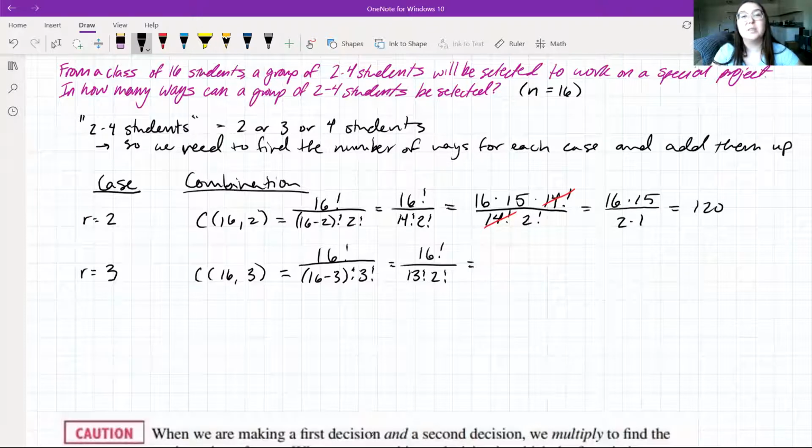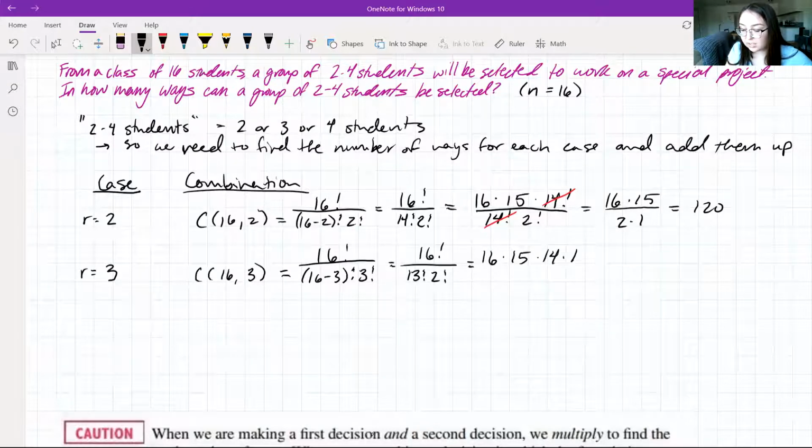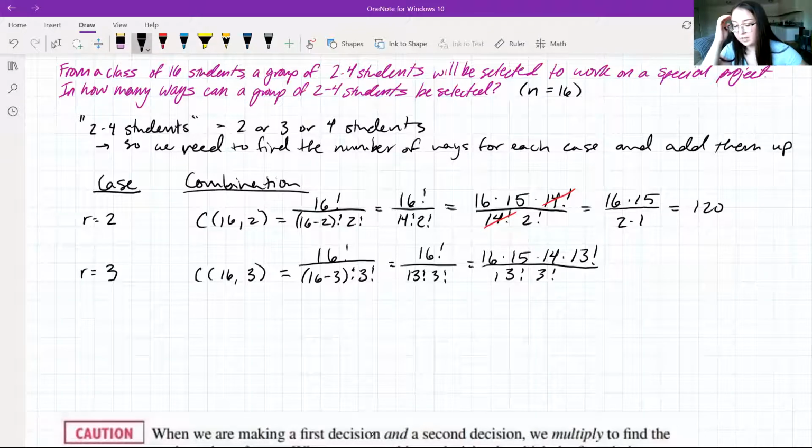And we're going to do the same thing, except we need to extend one value farther. So we're going to have 16 times 15 times 14 times 13 factorial. And that's a 3, not a 2. So now we have these values, and we can do the same thing as we did before. We can cancel our factorials.